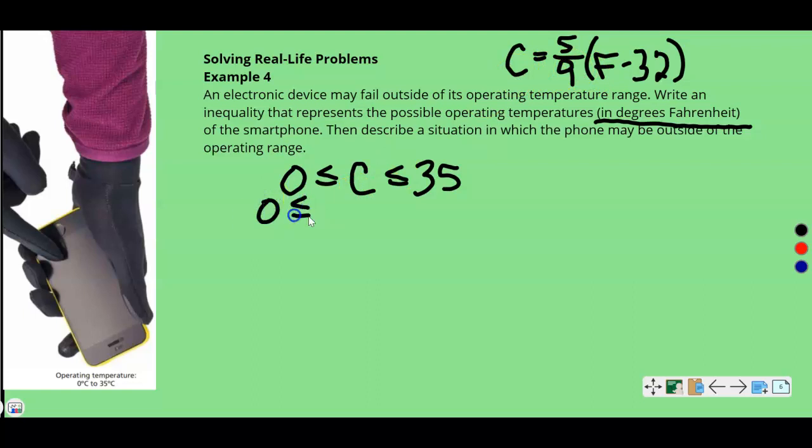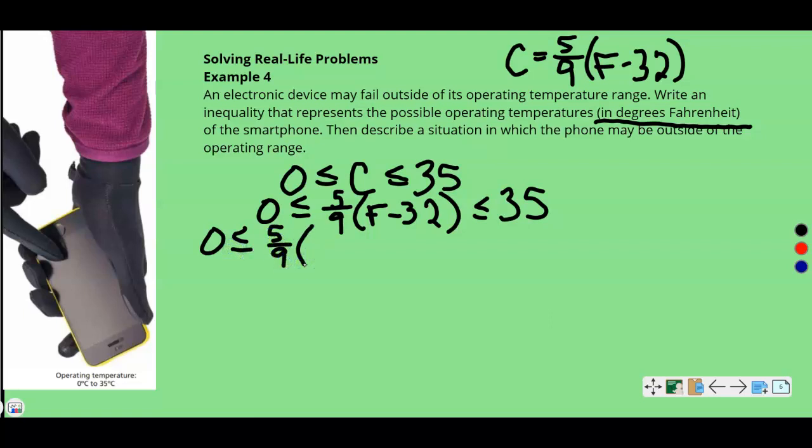So we've got 0 less than or equal to. So instead of C, we're going to put 5/9 times Fahrenheit minus 32 degrees. And that's less than or equal to 35. All right, now that we can set this up into two inequalities, we can solve.